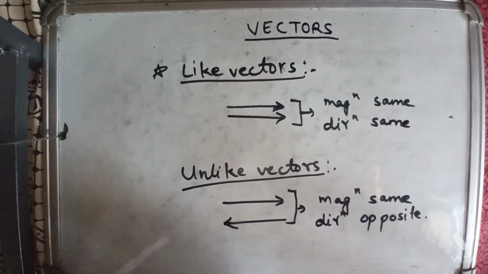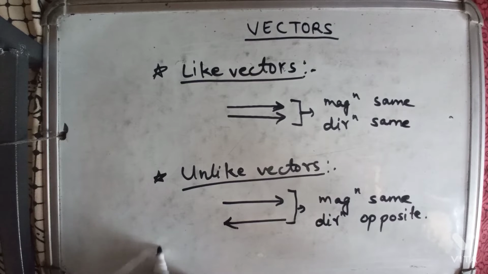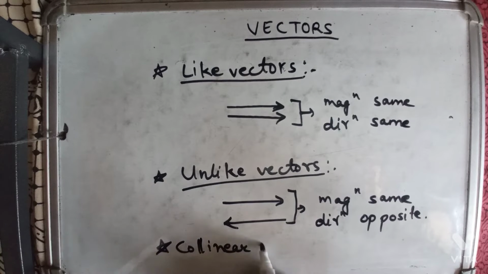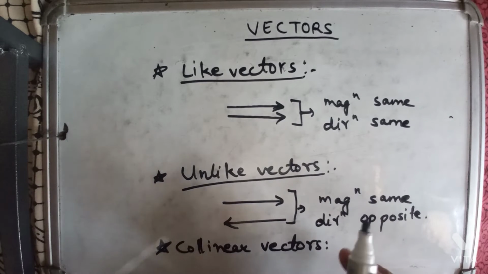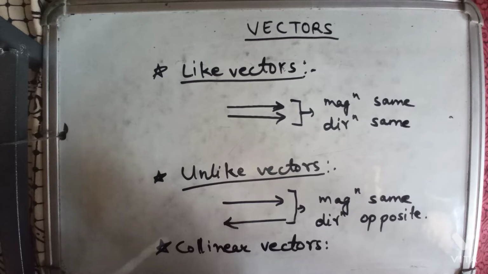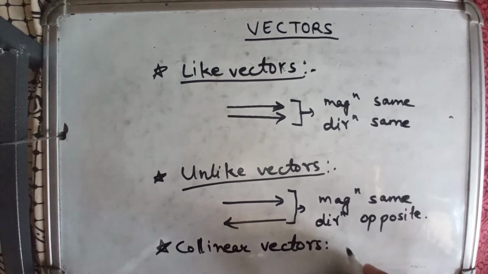And collinear vectors, let me write it here as another point. What are collinear vectors? They should be in the same direction or in the opposite direction. Means collinear vectors are of two types, like and unlike. So here these are parallel to each other. So what will be the value of theta?